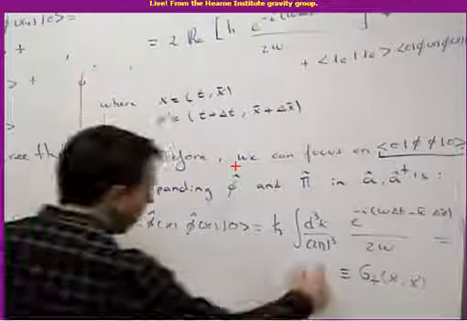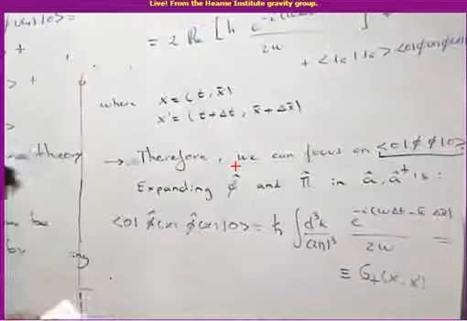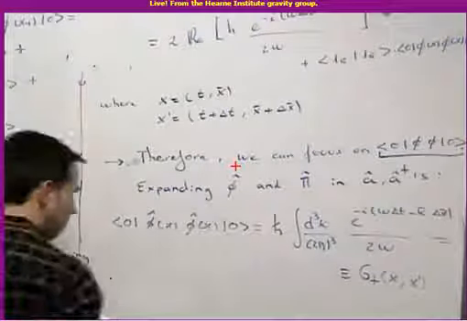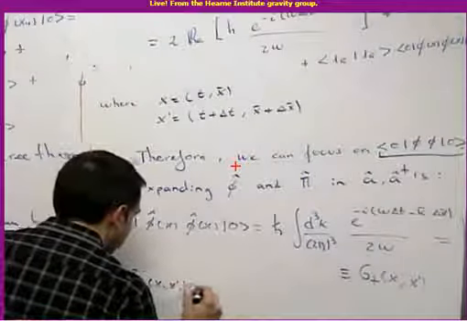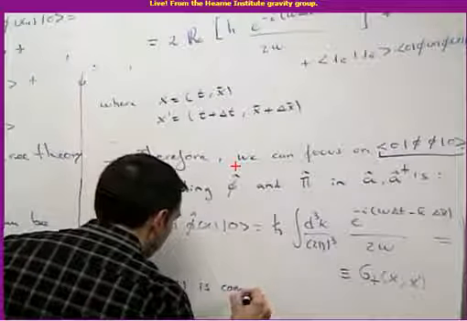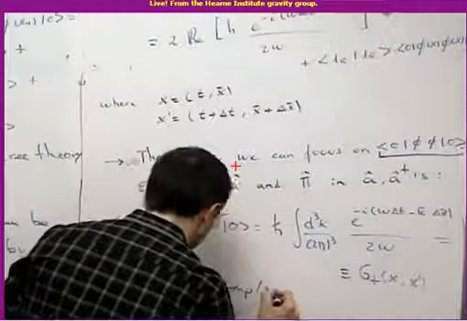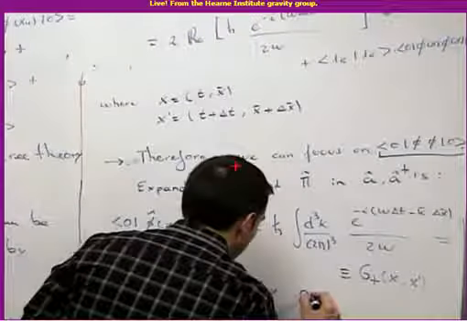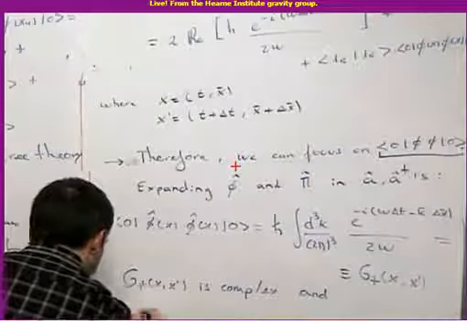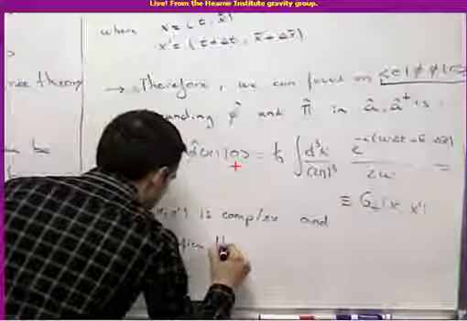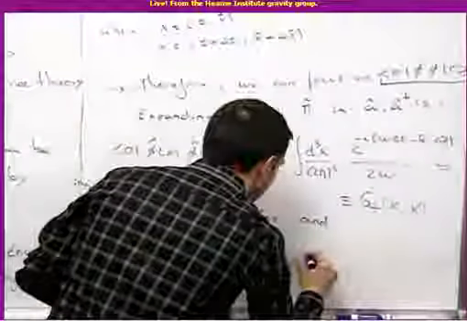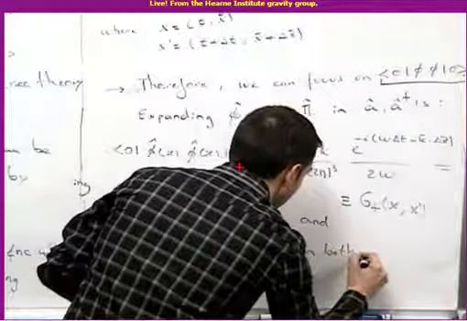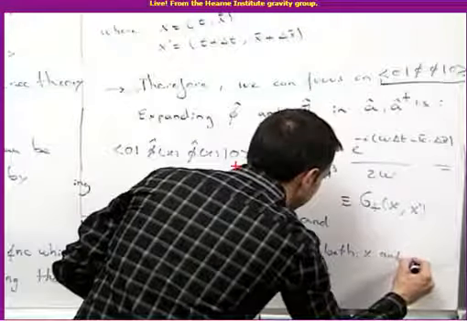So you can see that this is just a sum over modes. You can check that this object is complex for general values of x and x prime and satisfies the wave equation. It satisfies the equation of motion, so the Klein-Gordon equation, in both x and x prime.